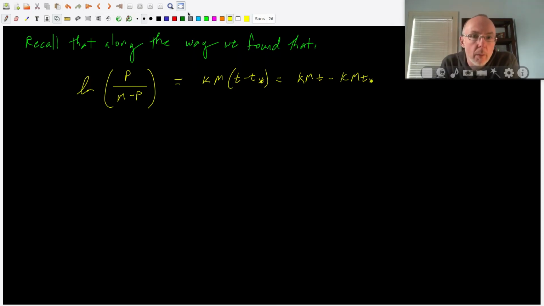So remember on the way to that final formula on the previous page, we came up with this expression. It says the log of p over m minus p is equal to all of this stuff, right?